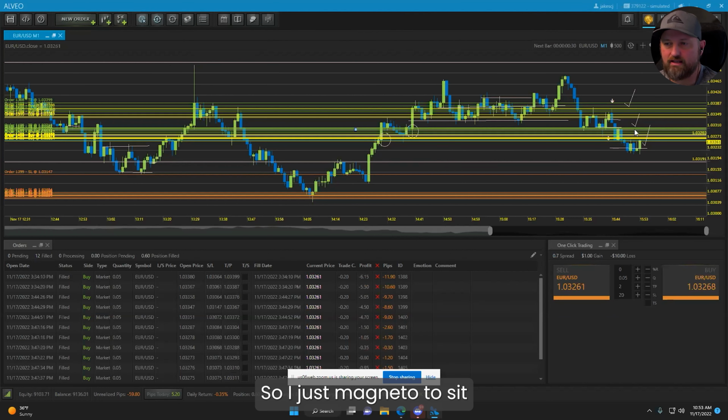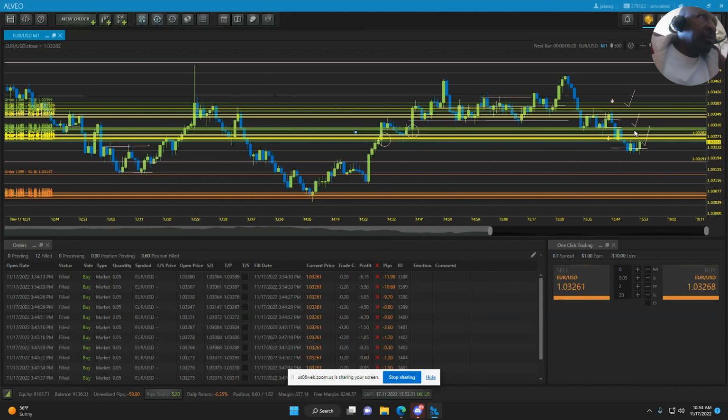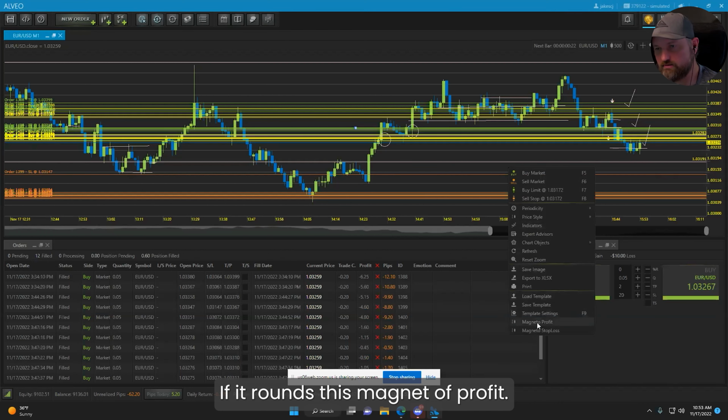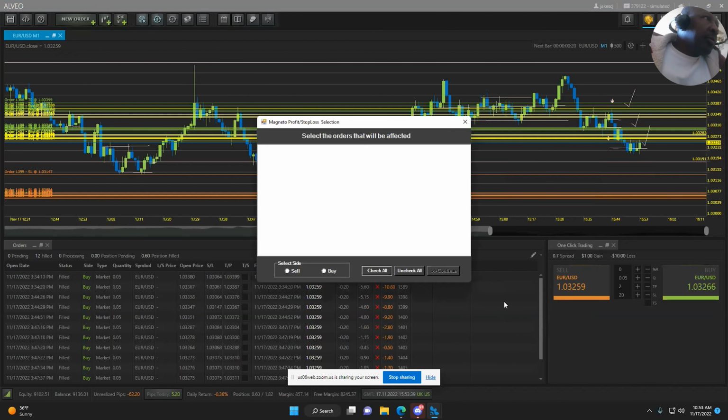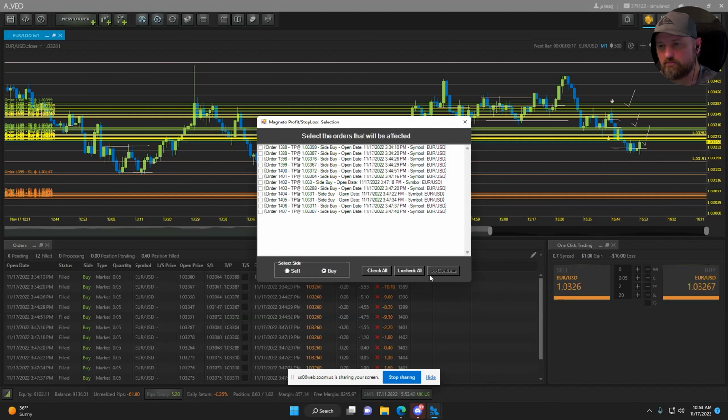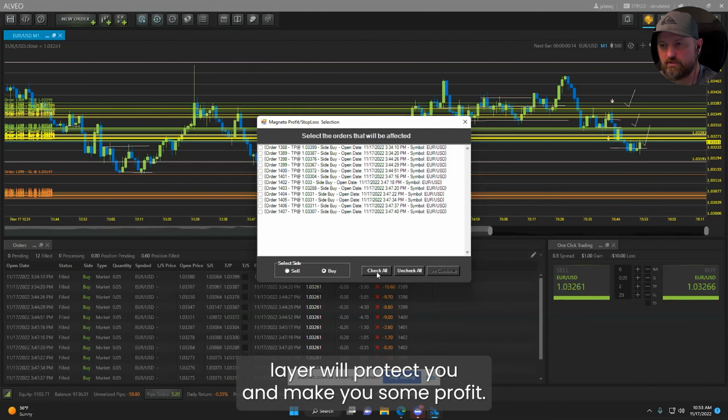So I'd just magneto that and put them all up to the top of this. If it rounds this and touches the top, this bottom layer will protect you and make you some profit.